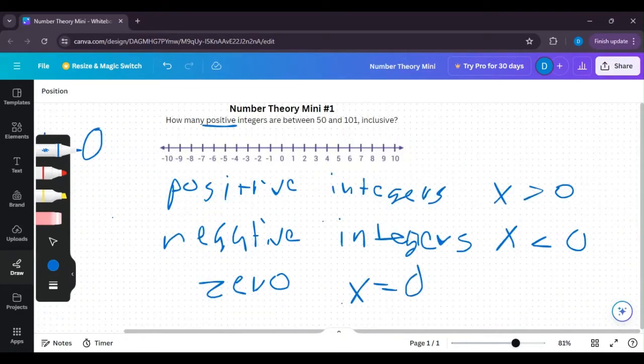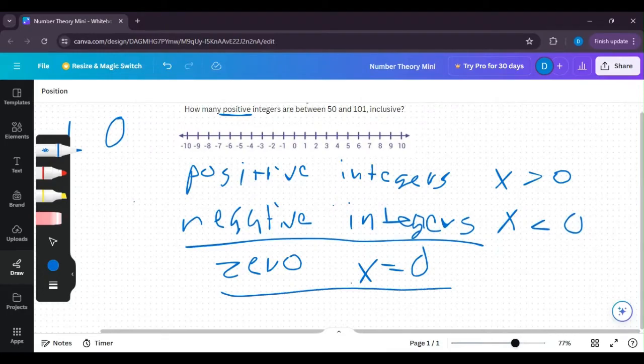Another way to say positive integers is counting integers, and there's a relationship there because when you count with your fingers, there's 1, 2, 3, 4, 5, 6, 7, 8, 9, 10. They're all positive. Just remember positive integers are integers greater than 0. Negative integers are integers less than 0.